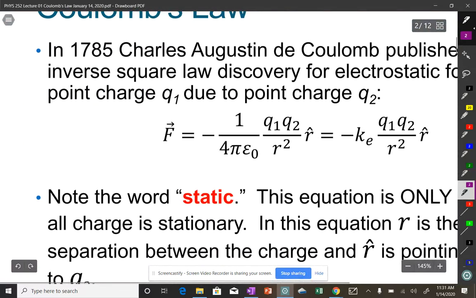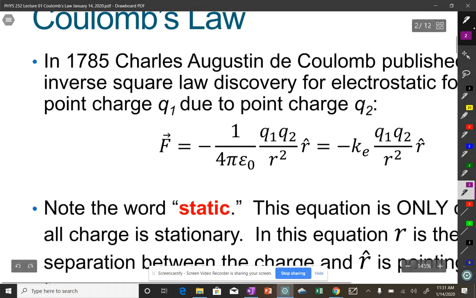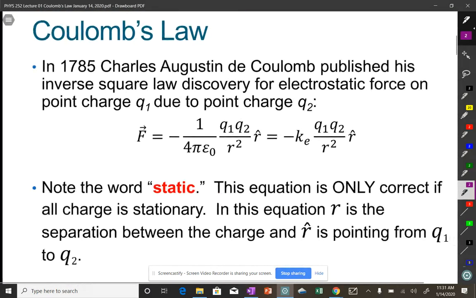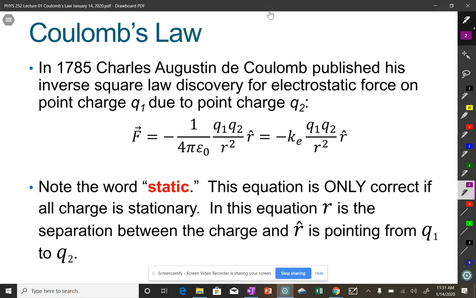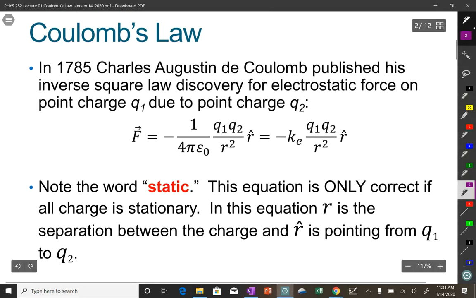So in 1785, Charles Augustin de Coulomb published his inverse square law discovery. What Coulomb did was he took conducting globes and carefully distributed charge.